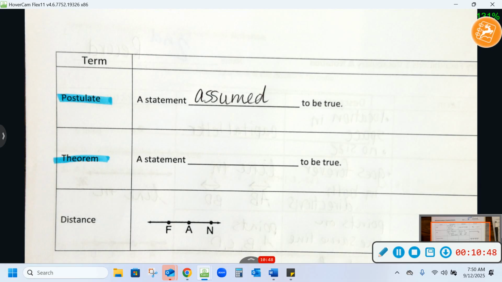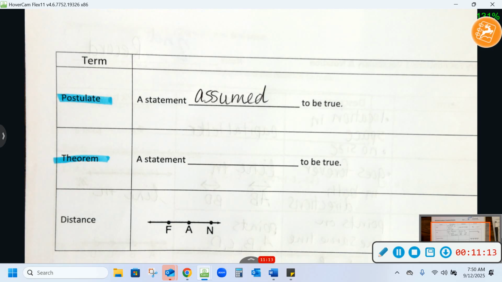But it's assumed to be true, but it's never been proven. So in geometry, we get into proof soon, and we have to prove something. A postulate is assumed to be true because we've never found a counterexample, but we have not yet proven it either. And that's weird to try to think about. But when we get into proofs, you'll see sometimes there's just no way to get to that final part where you can say this is absolutely true.